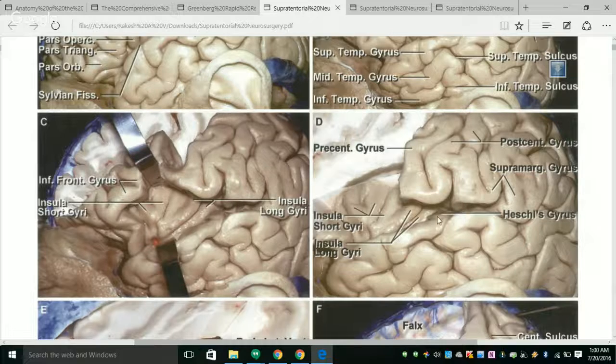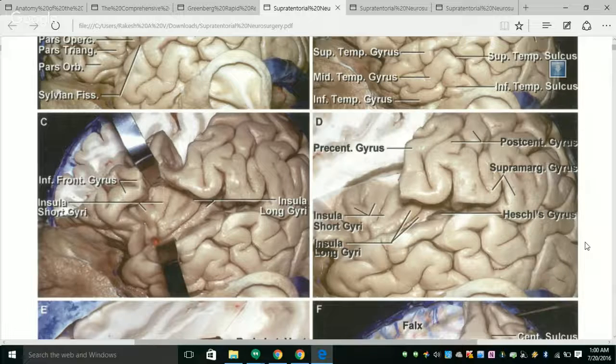So the famous Heschl's gyrus of the insula, the most anterior of the transverse temporal gyri, faces the lower end of the post-central gyrus across the Sylvian fissure. This is all for figure D.